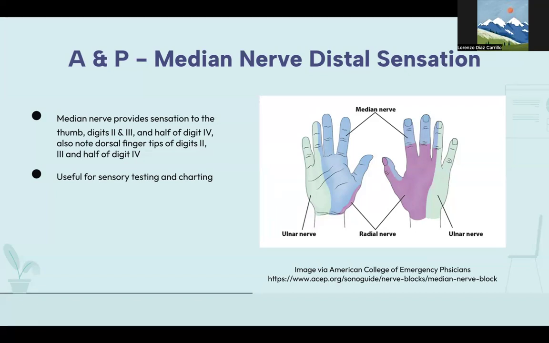This is important to understand when it comes to diagnosing accurately, forming your treatment plan, and ensuring that you have the correct sensory testing for the specific nerves in the hand. Like the Semmes-Weinstein monofilaments or two-point discrimination, they can be applied directly using these sensory charts with the proper patterns.